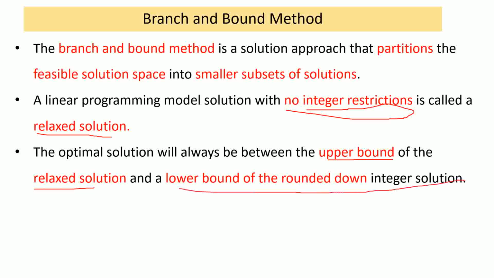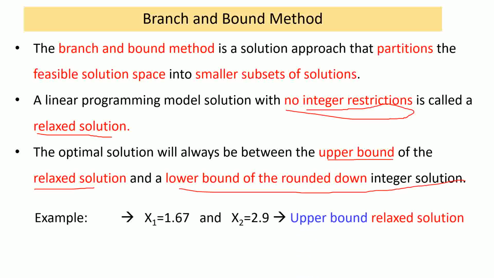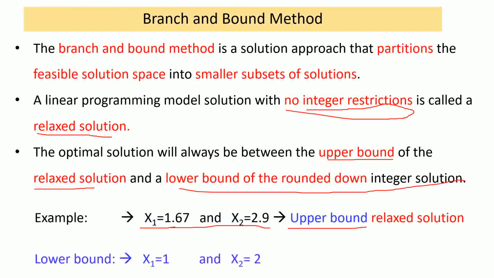Let us see what the upper bound and the lower bound are with an example. Look, here is the integer restriction free, or no integer restriction, decision variables. As you see, they are fractional values. So it is a relaxed solution, the upper bound. And here is the lower bound when we round down 1.67, it becomes 1.